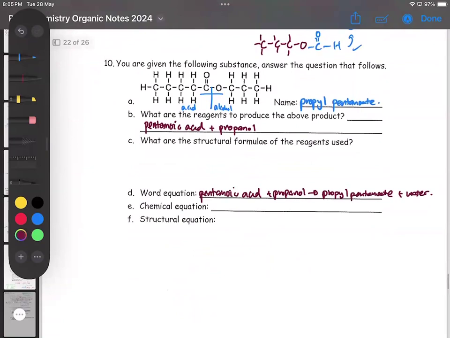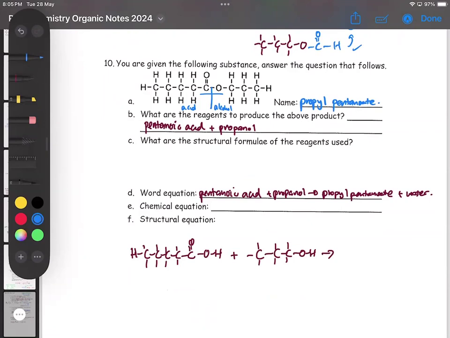So let's talk about the structure of the reagents. Let's draw it here. This is your 5-carbon acid. Here we'll draw the C double bond O, and the rest will all be hydrogen. Your 3-carbon alcohol with your OH, and all the rest are hydrogen. The same thing when we have the ester, the acid will drop the OH, the alcohol will drop the hydrogen.